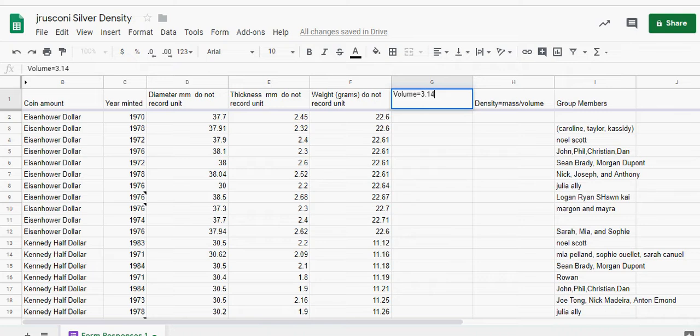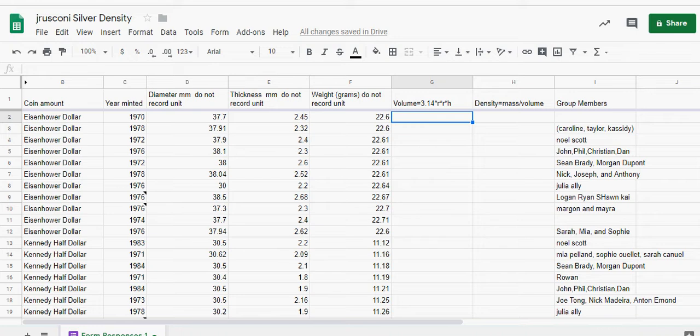Now that's a problem because we have r equals whatever we got here, half of the diameter. So I'm going to go r times r, that's r squared, times height, which is the thickness. All right, so that's what we're going to get, and that's how you figure out volume.